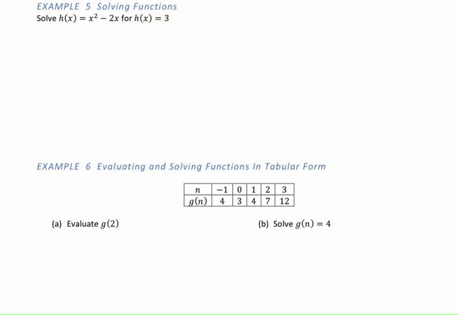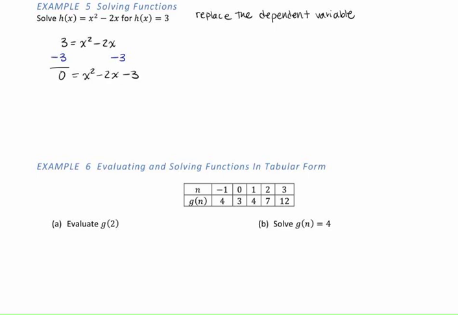Here, this is the dependent variable, so we're replacing the dependent variable. So I write 3 equals x squared minus 2x. I can subtract 3 from both sides, minus 3, minus 3, to end up with 0 equals x squared minus 2x minus 3.